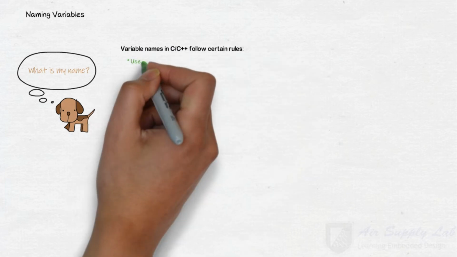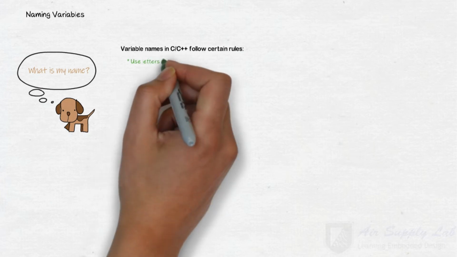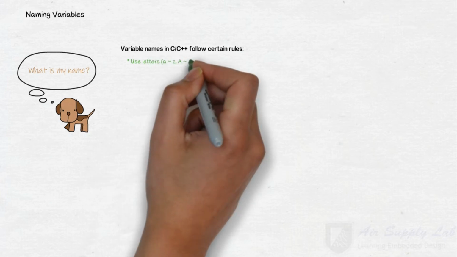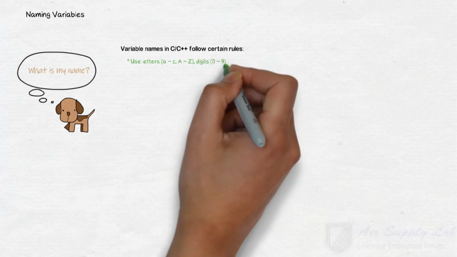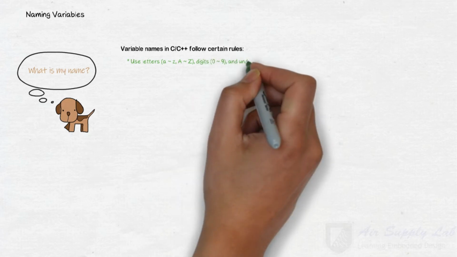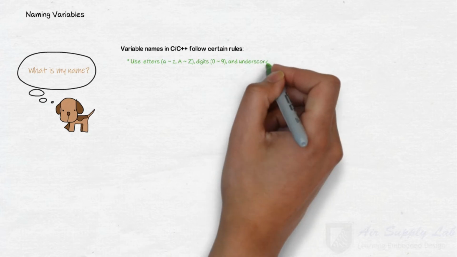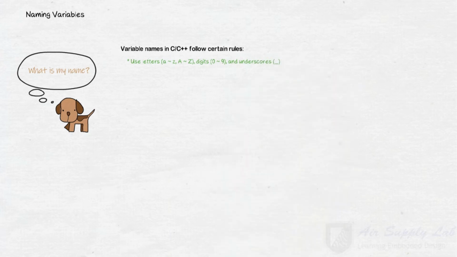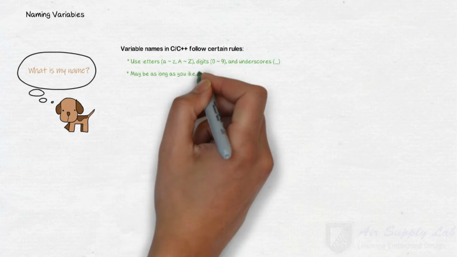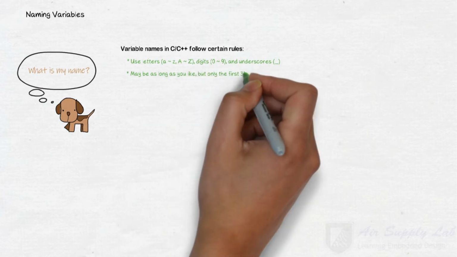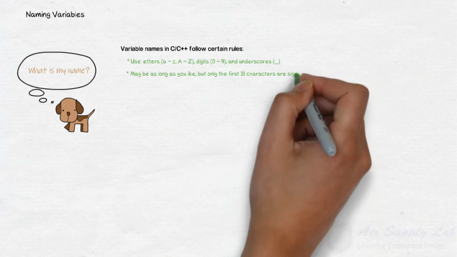A name can only include letters, lowercase a to z, uppercase A to Z, digits 0 to 9, and underscore. It may be as long as you like, but only the first 31 characters are significant.